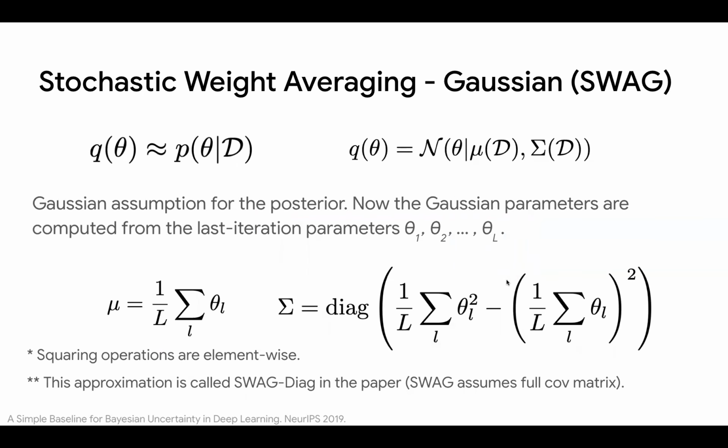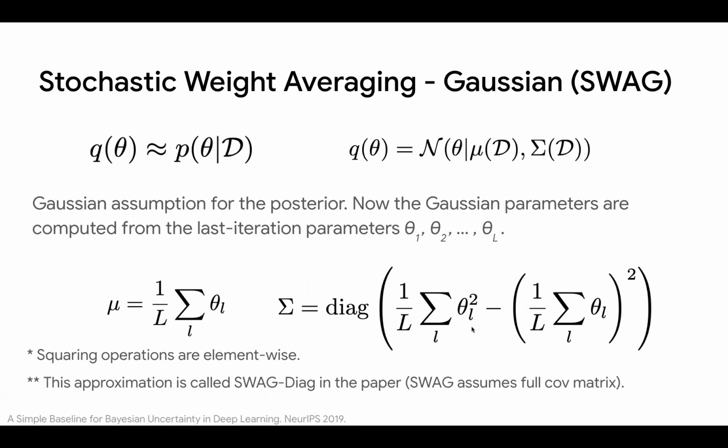We'll go even simpler and use those last iteration weights to estimate the mu, right? We just average them. And the diagonal is like a sample covariance matrix. We're actually just looking at the diagonal components in this case as well.